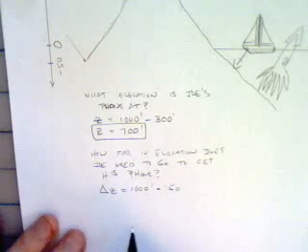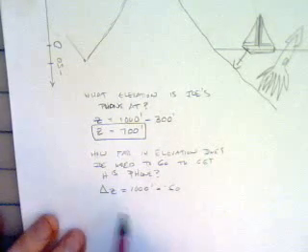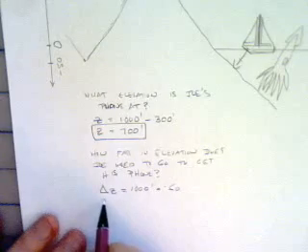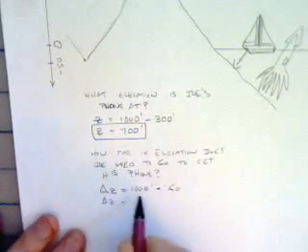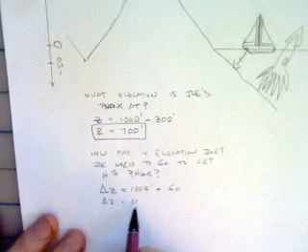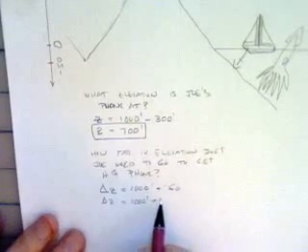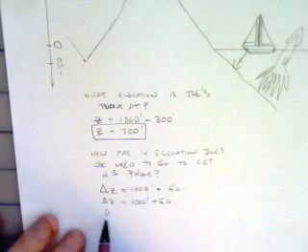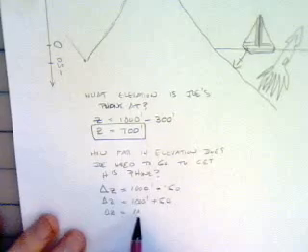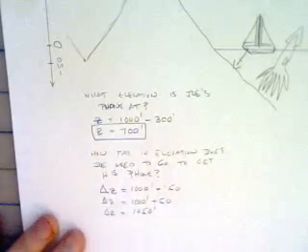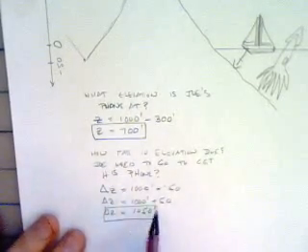So we know that minus a negative is the same thing as adding a positive. So delta Z equals 1,050 feet.